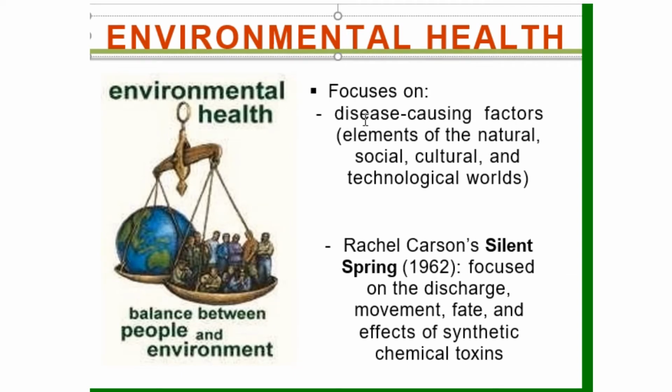Now, environmental health, by definition, is a branch of public health concerned with all the aspects of the natural and built environment affecting human health, just like what I said earlier. And it focuses on disease-causing factors. These are the external factors, such as the elements of the natural world, which occur naturally on planet Earth.